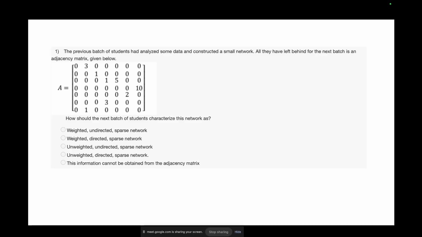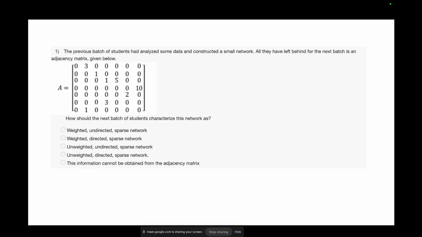Sparse is another term I don't think we have discussed in today's lecture. Sparse is used for matrices as well as networks. If a network is sparse, it means the number of connections between a certain number of nodes is very low, so it has very few connections inside the network.